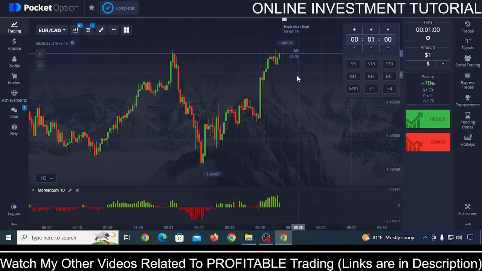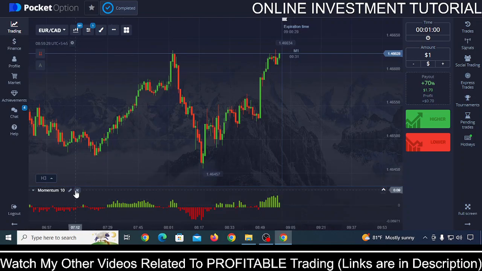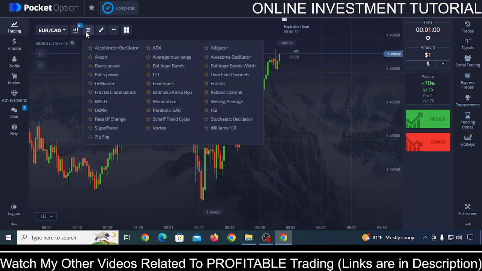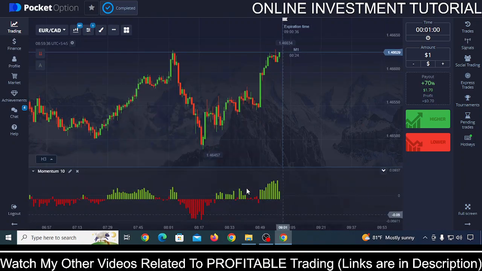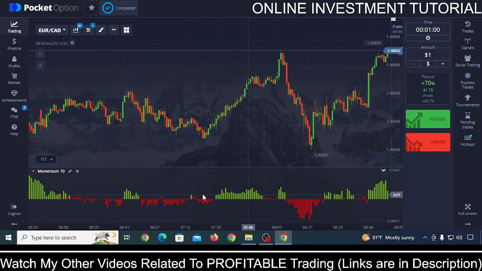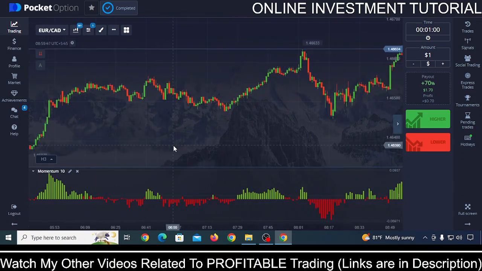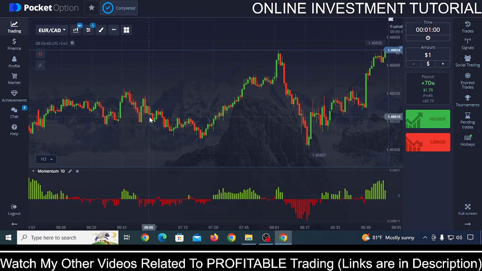Then you need to implement this indicator called momentum. For that, click here and click on momentum, then enlarge the momentum indicator, and you can see there are green and red histograms. This is the exact histogram that is going to give us the signal where we need to make the trade.